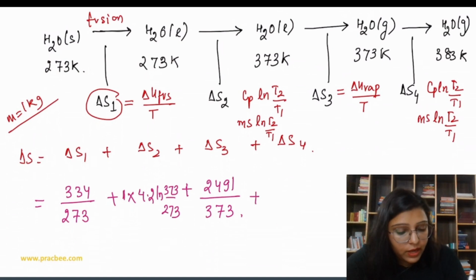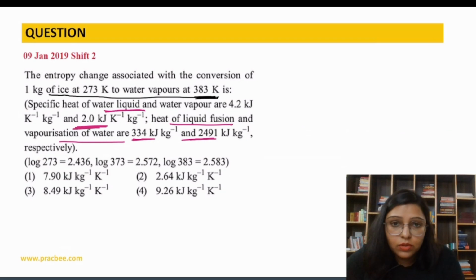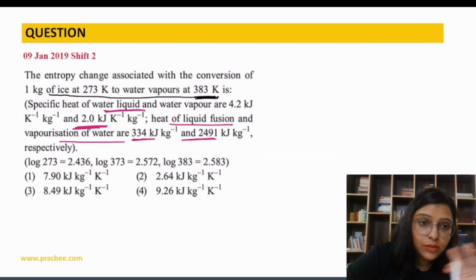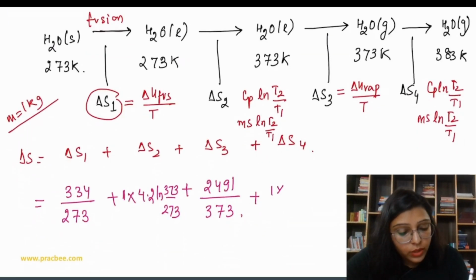And here also we have to write 1 into 2. Everything is in kilojoule and kg, so there is no need to convert kilojoule into joule or kilogram to gram, right? So here 1 into 2 ln 383 upon 373.